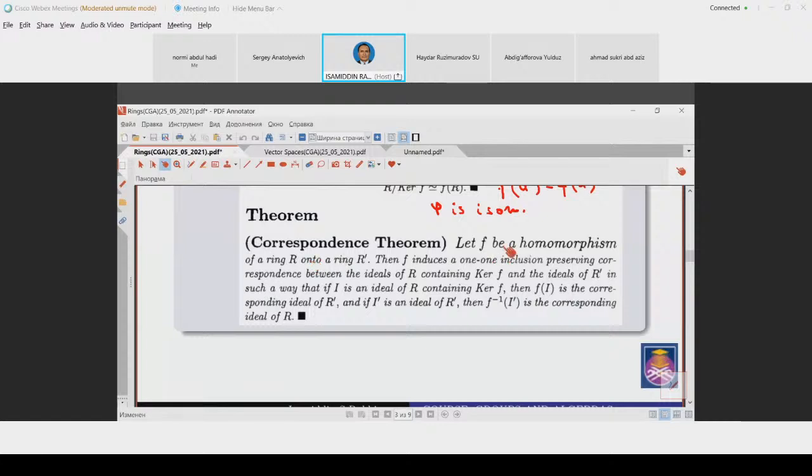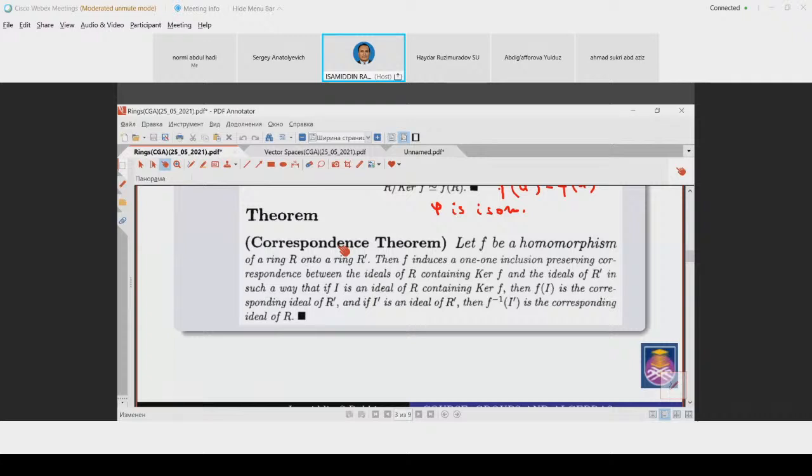If you have a homomorphism from R to R prime, which is onto, then what we have? If you have an ideal in R, then its image in R prime will again be an ideal of R prime.